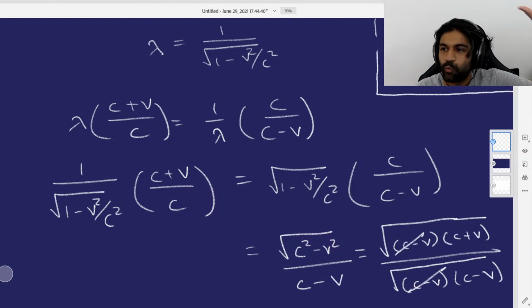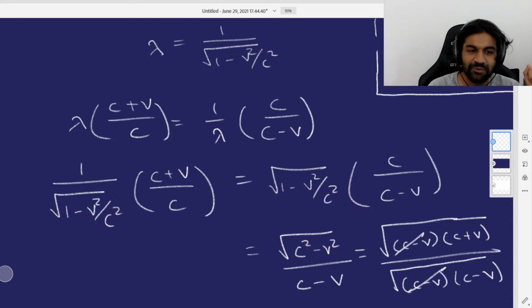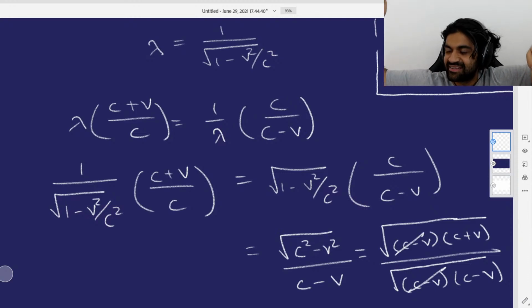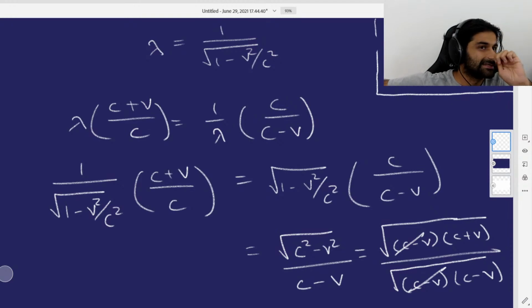And now, without this asymmetry in the one-way Doppler effect, you get that the effective dilation in both cases, where the moving one is emitting the light and the stationary one is recording it, versus where the stationary one is emitting the light and the moving one is recording it, the factor that the frequency is affected by is going to be precisely the square root of c plus v over c minus v.